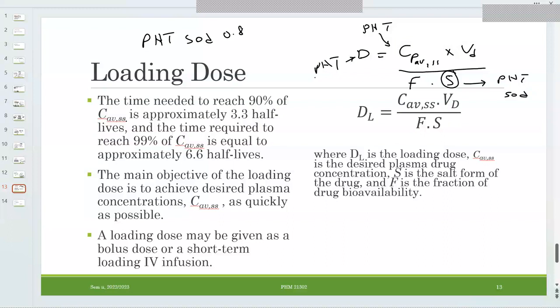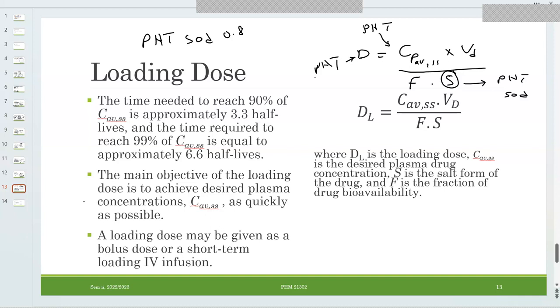Okay, so as I explained, we give a loading dose so that we achieve the average steady state immediately. We don't wait after the first dose, and we don't wait about 5 to 7 half-lives to achieve the steady state concentrations.